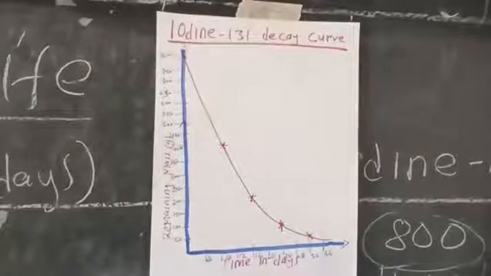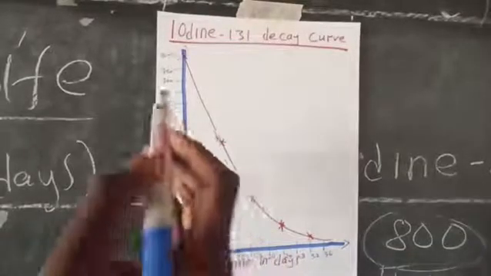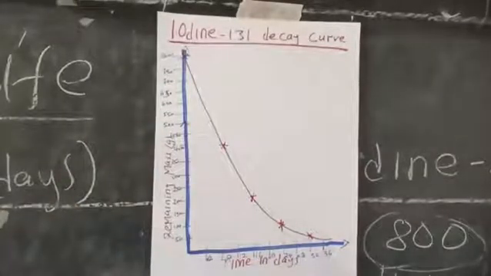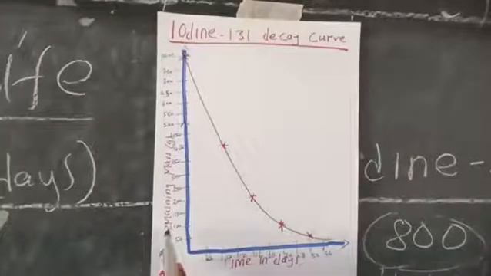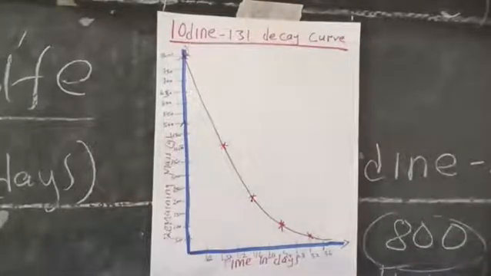From the data, if you take 800 grams, this becomes our starting point, and our time in this case is 0. We have the remaining amount in grams on this side, and then we have time in days on this other axis.